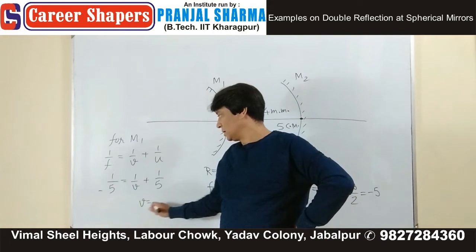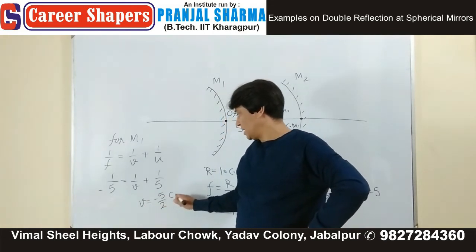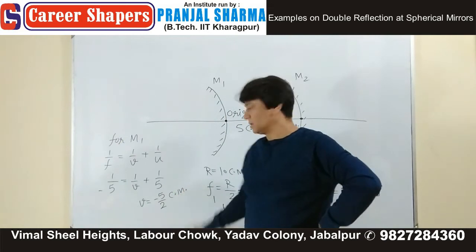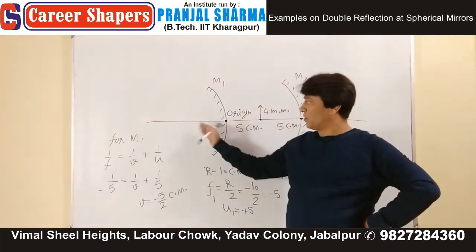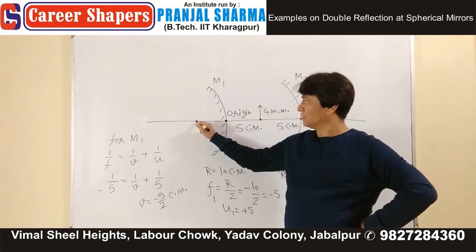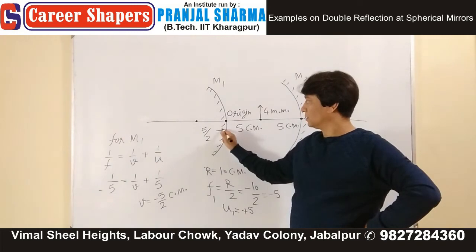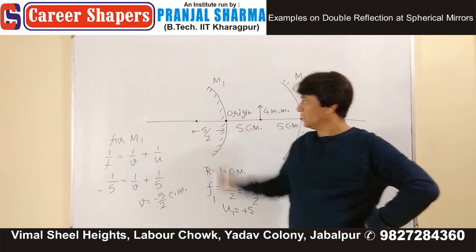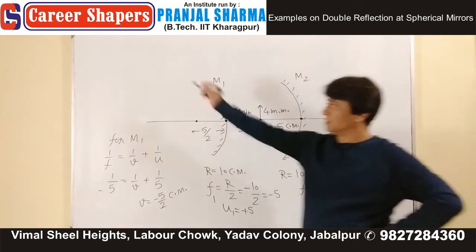V is coming minus of 5 by 2 centimeter. Minus 5 by 2 means image forms over here at a distance of 5 by 2. That's your image. This is the image.